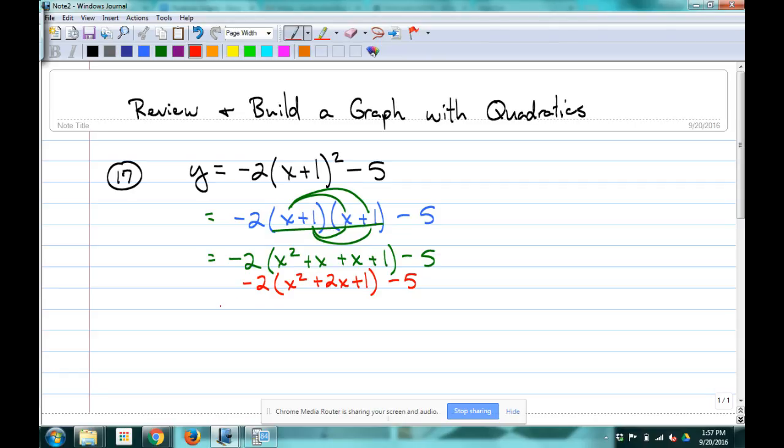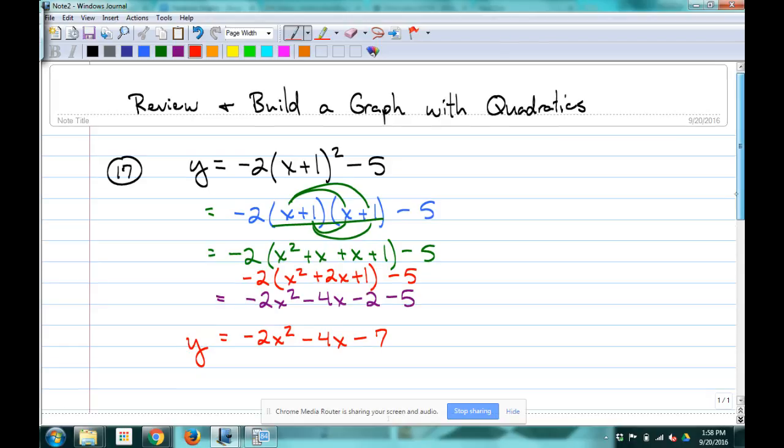Okay. And then I'm going to distribute the -2 to all of that. So that'd be -2x squared minus 4x minus 2, and then minus 5 that was already out there. And that's going to get us in standard form, -2x squared minus 4x minus 7.